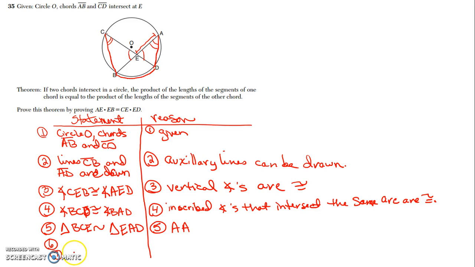You're trying to prove AE times EB, I'm going to back into the one before it, is equal to CE times ED, and 7, product of means is equal to the product of the extremes.